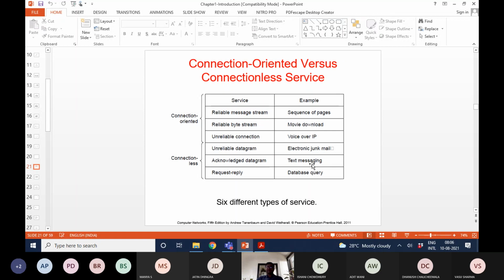And a database query, where we request something and get a reply from the database, is called request reply. That is another example of connectionless service. These are the different types of services we get in connection oriented or connectionless services.